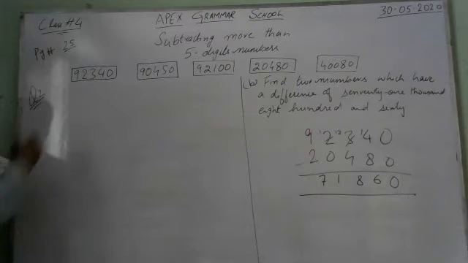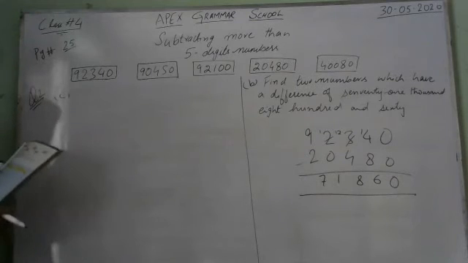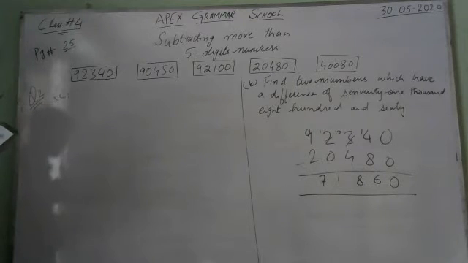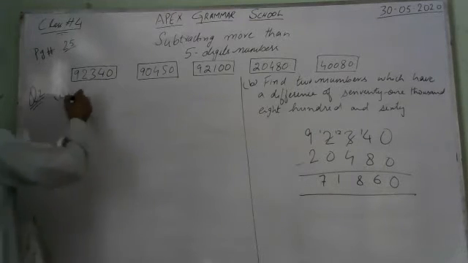C part of this question is find two numbers that have the smallest difference between them.